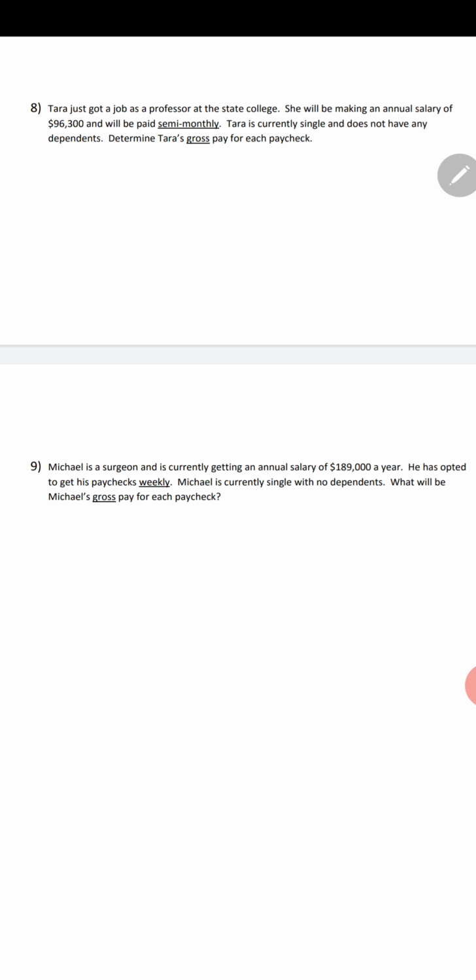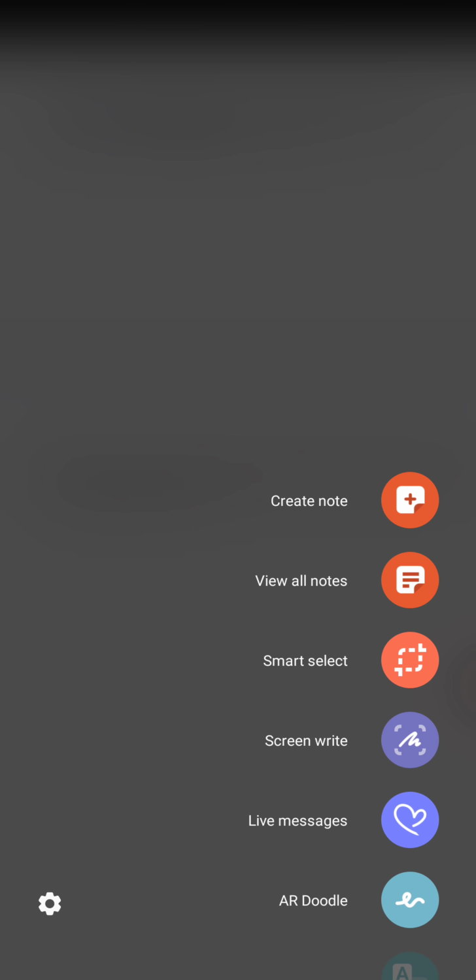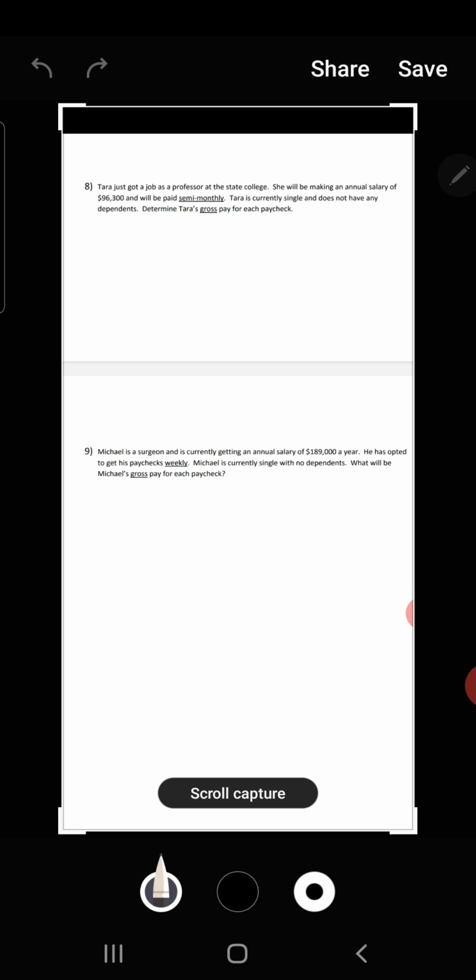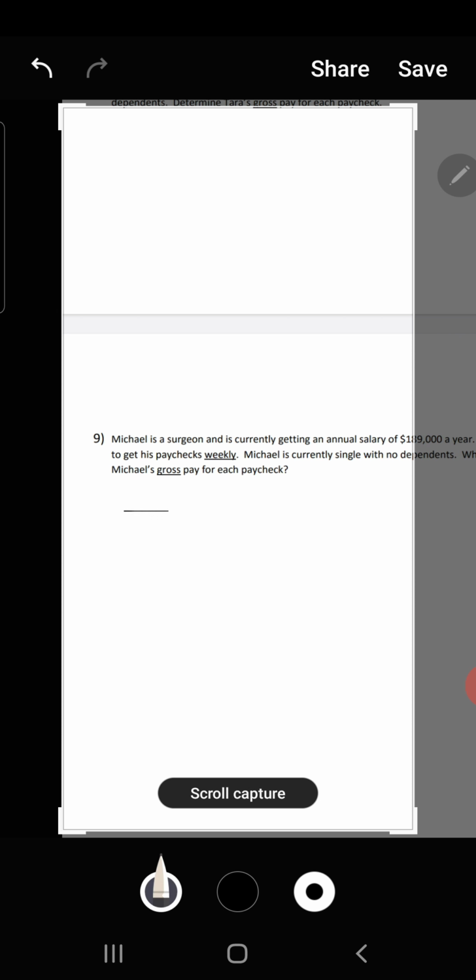If you don't know, you can look it up, but there are 52 weeks in a year, so he'll be getting 52 paychecks. So all we need to do is take his salary, 189,000, and divide it by 52, the number of paychecks, to find his gross pay.